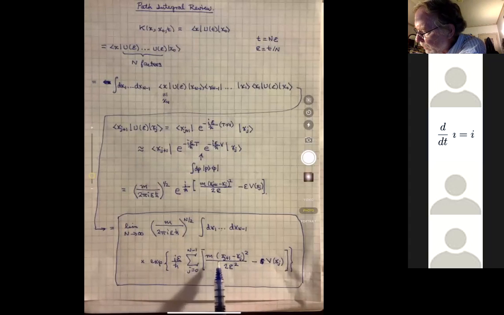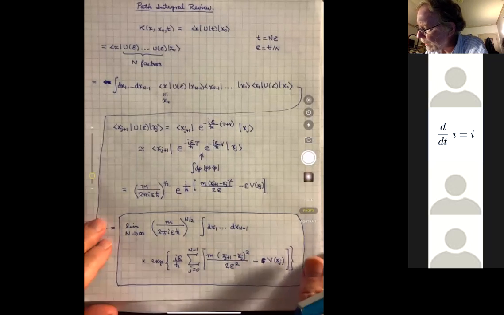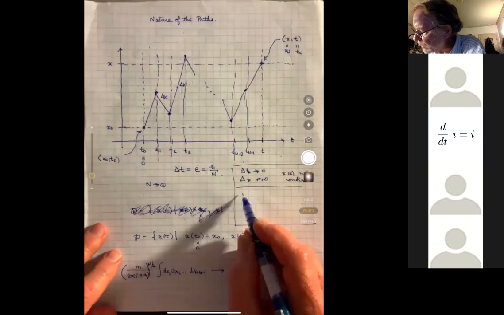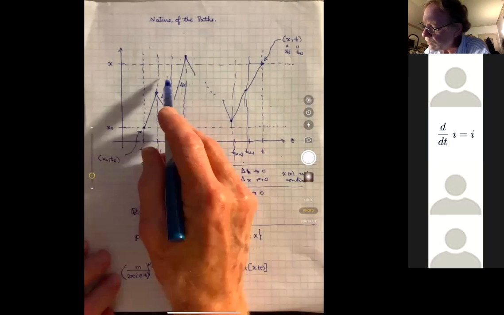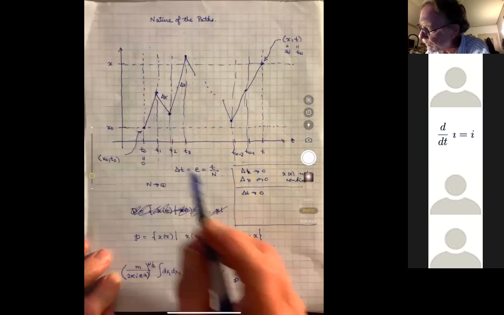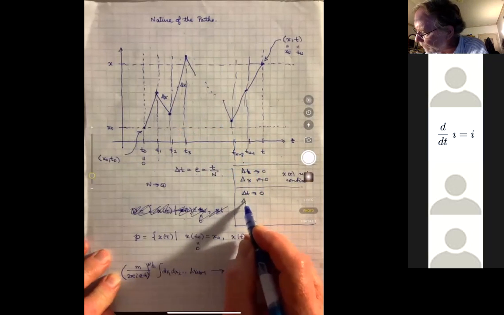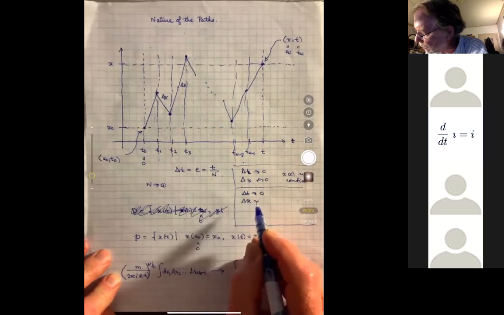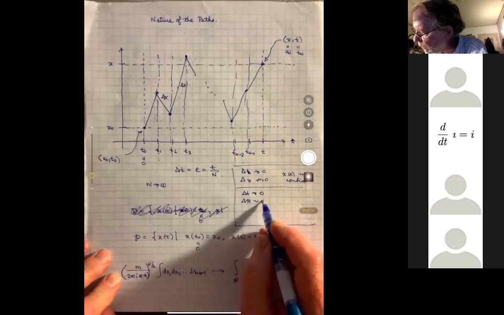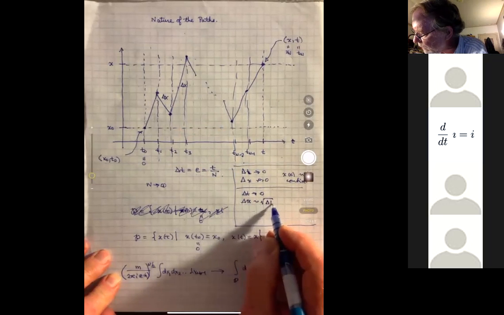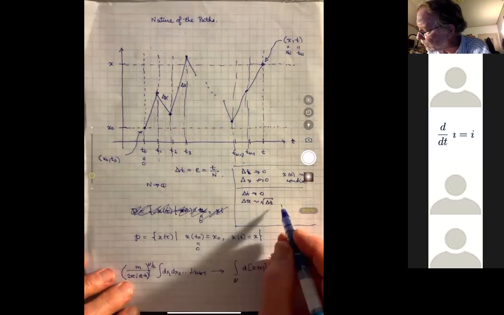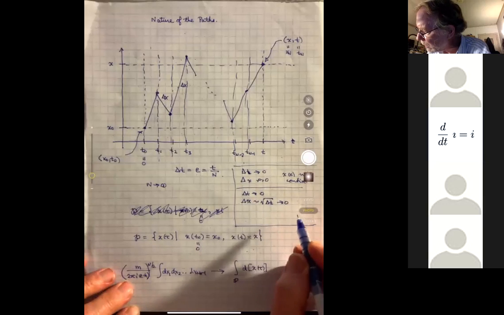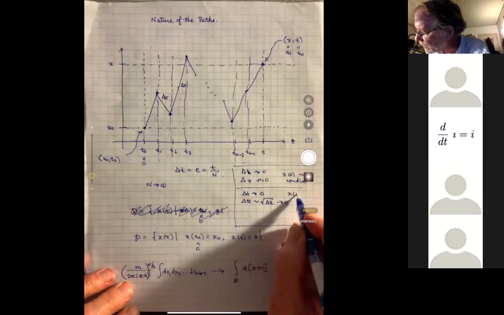That's what happens here: as delta x gets bigger and bigger, the cancellation gets more and more perfect. If you take that into account, then as delta t goes to 0, the range on delta x which significantly contributes to the path integral doesn't extend to infinity, but rather to a distance of the order of the square root of delta t. In that case, as delta t goes to 0, delta x also goes to 0, and that means the x of tau is continuous.